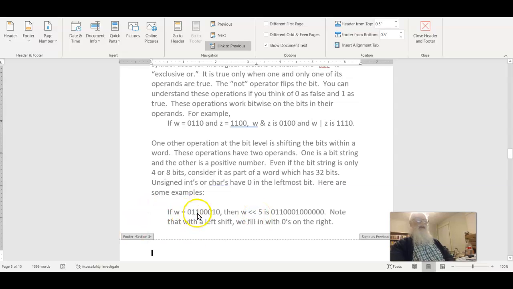It says, take this and shift it right 5 times. As we shift it right, we add zeros: 1, 2, 3, 4, 5, and then the number we had over here. When we're shifting right, we fill in with zeros.